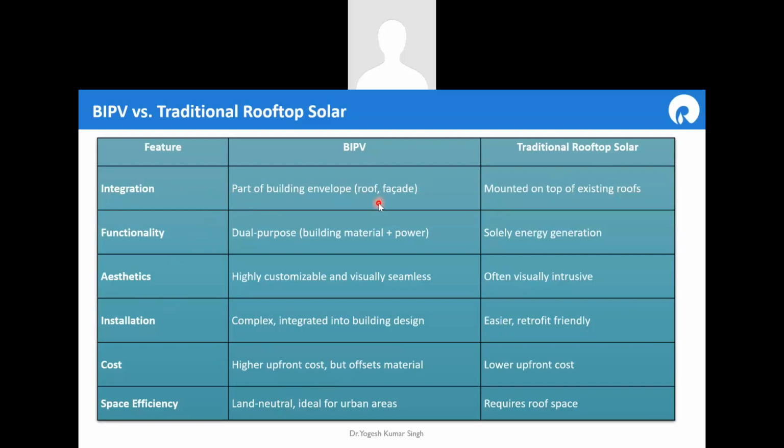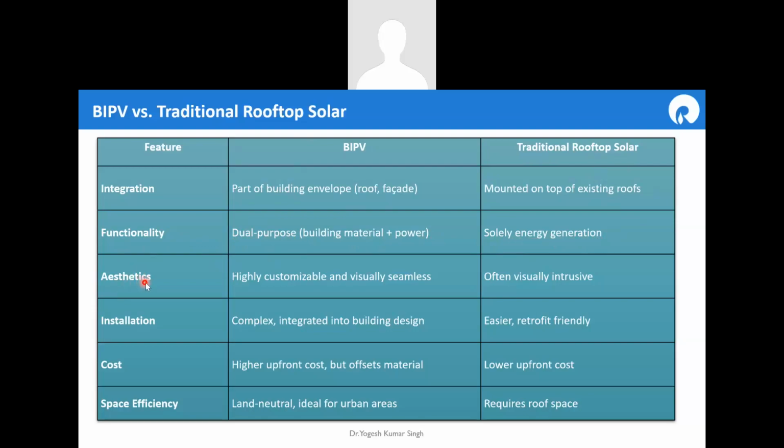But in BIPV, you can use the roof and also the facade of your building. Regarding functionality, BIPV serves a dual purpose: it works as building material plus power. But a simple rooftop system depends only on energy generation, and it does not provide any building material. So this is also a very important functionality of BIPV.